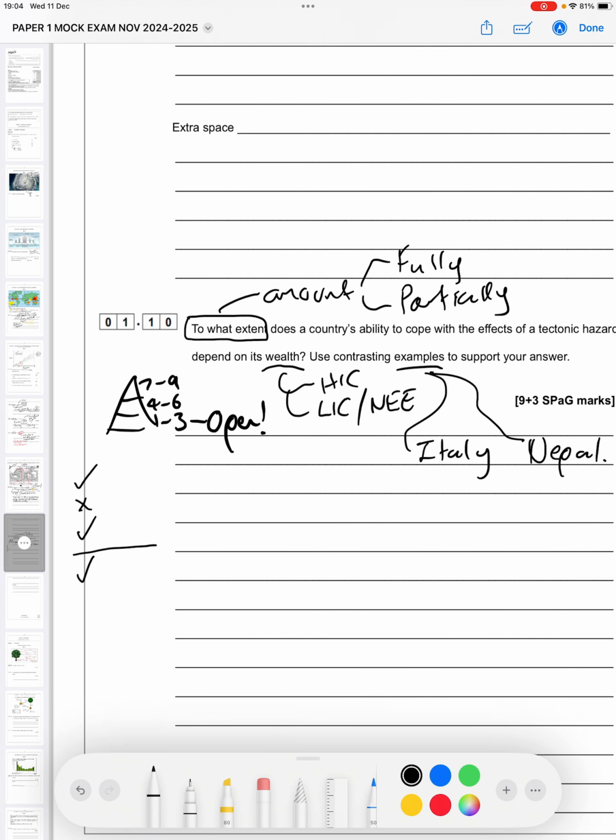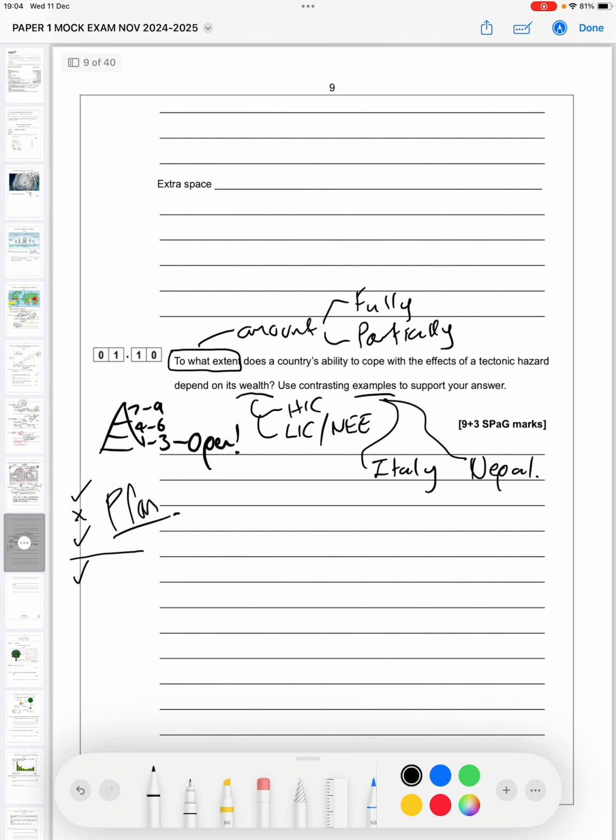If you know clearly what your plan is to answer a question, then actually it becomes a lot easier to answer the question. And even something as simple as that, just so you know where your answer is going to go, can really help. Because so often what we see in the exams is students who basically go off on tangents. There isn't really a structure.